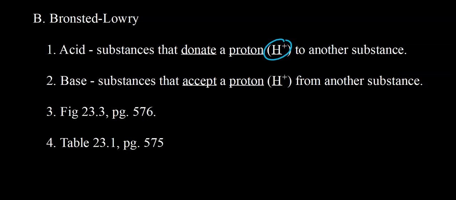We have a proton being donated by one substance and accepted by another. In this case, since the ammonia is accepting a hydrogen ion, it is a base according to the Bronsted Lowry definition. And surprisingly, water, which I thought was neither acidic nor basic, can act as an acid. It is doing so here. It is donating a proton to the ammonia molecule.